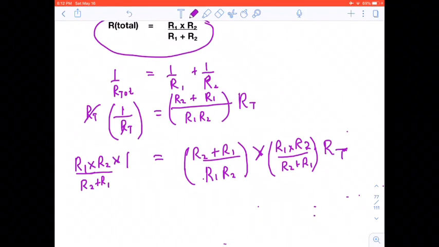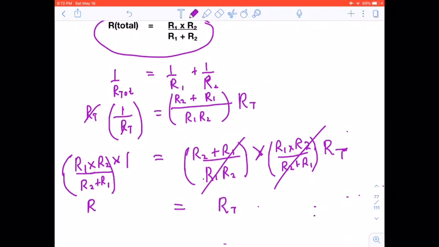So that cancels out, and what I'm balanced with is R total. And what's R total? This whole thing multiplied by 1 is R1 times R2 over R1 plus R2.